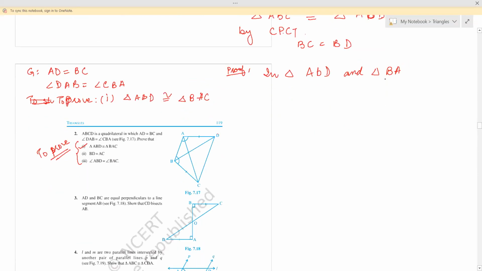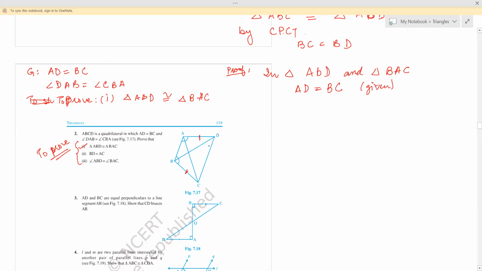Okay, BAC. So two sides, one side is already given to us, which is AD is equal to BC. This is given.